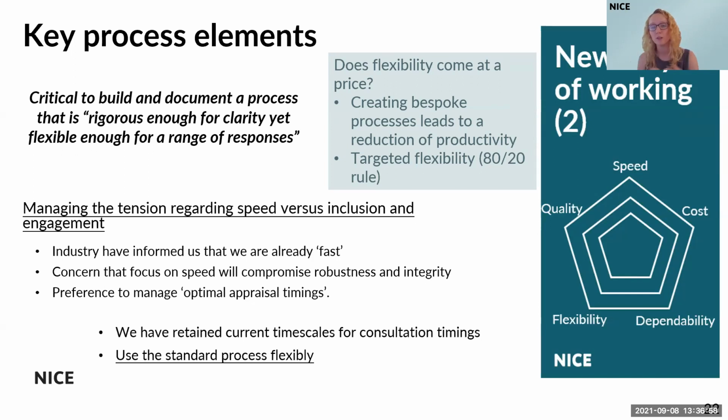So while we've been looking at all these key process changes and proposals and thinking about these different elements, the idea is to think about where we can most correctly apply the flexibilities and using those approaches like retaining current timescales of consultation, but perhaps adapting them where necessary. So using that standard process flexibly.